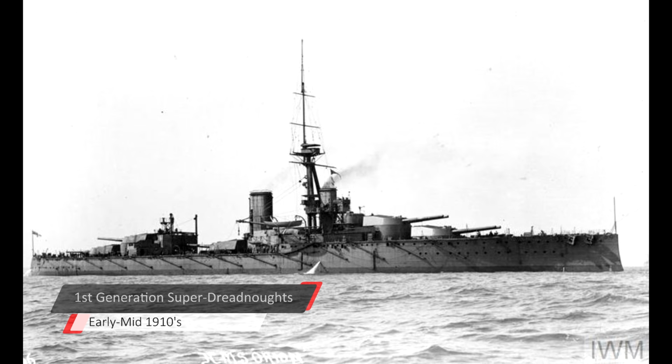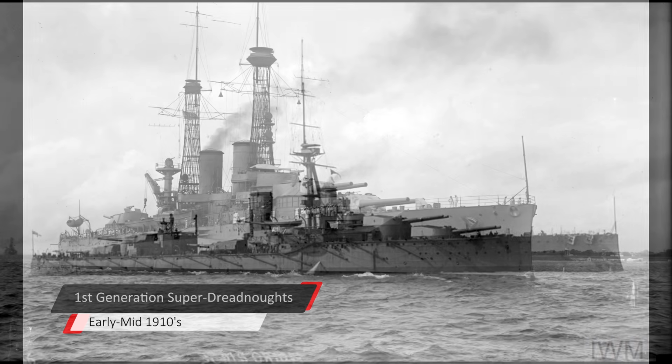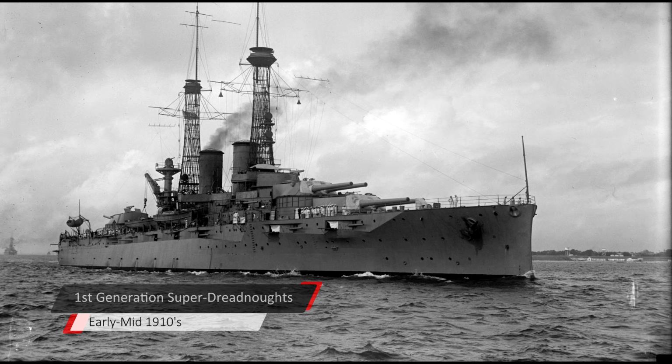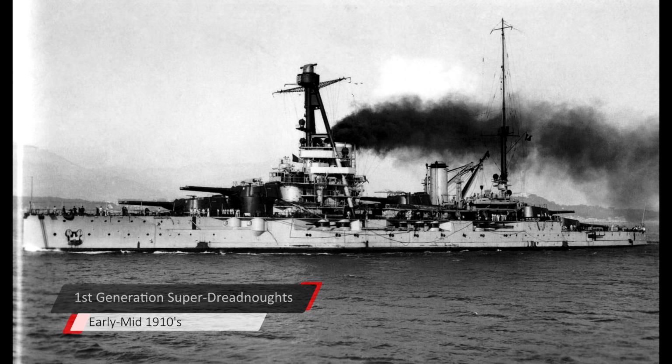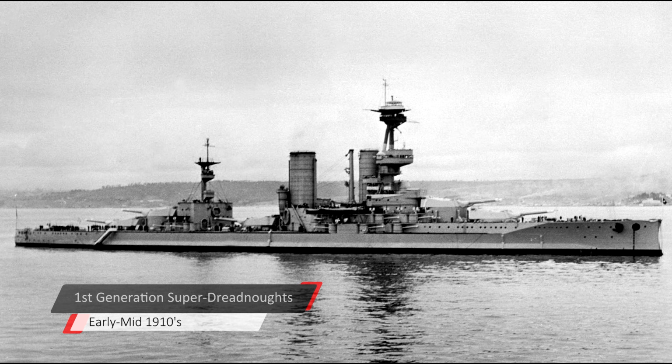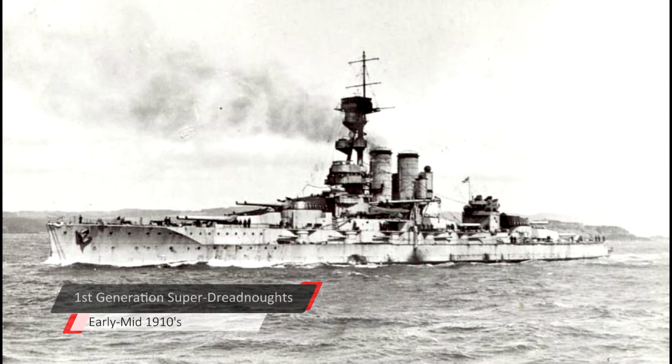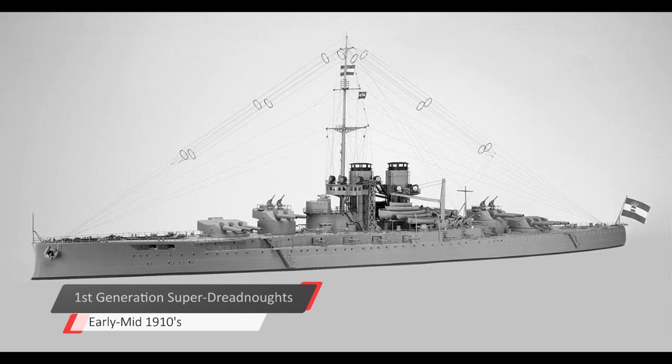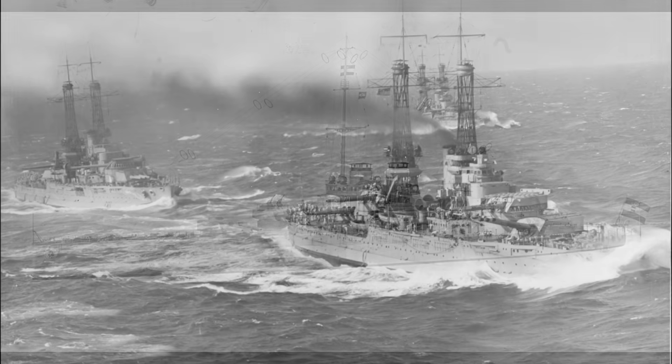This gives us a list of the Orions, the World War I era King George V's, and the Iron Dukes for the British, the New York class for the Americans, as well as the Nevadas, the Britannias for the French, Almirante Latorre for the Chileans, Erin for the British, although technically it was originally supposed to be Turkish, and in terms of uncompleted designs, the Ersatz Monarch class for the Austro-Hungarians.